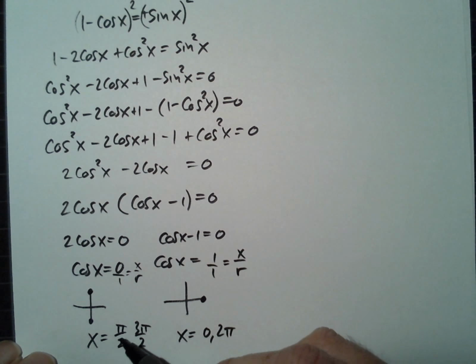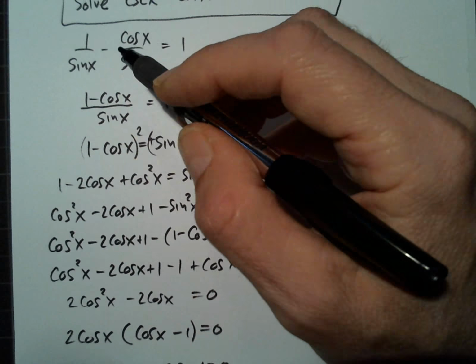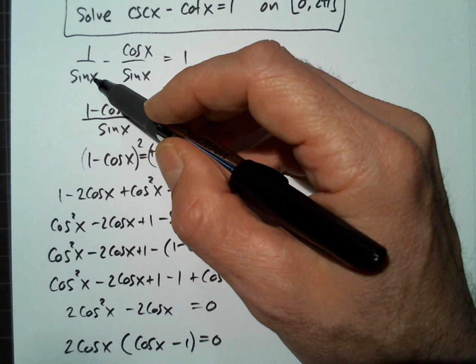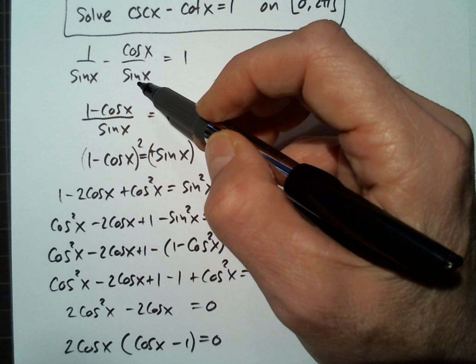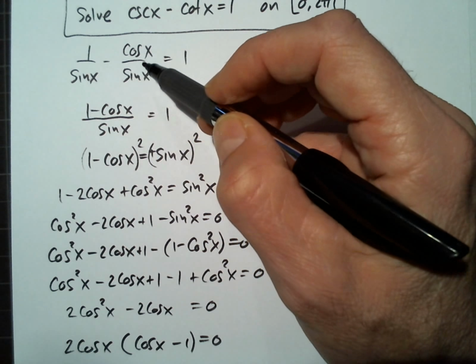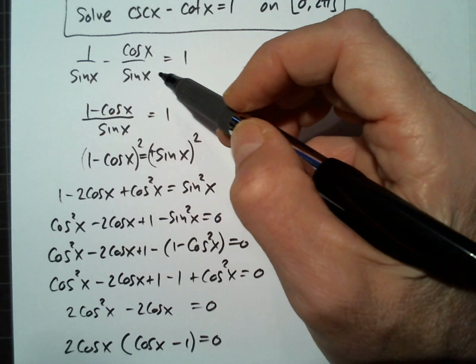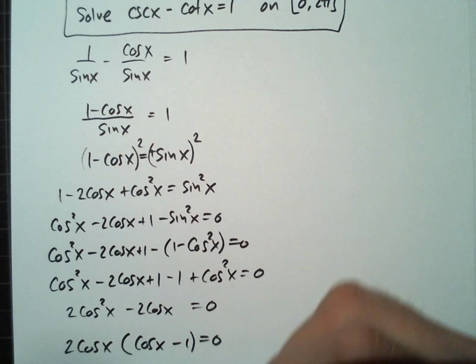So let's look at pi over 2. If you put pi over 2 for sine, that's defined, and that's going to be 1, 0, so we get 1 minus 0. Pi over 2 works.